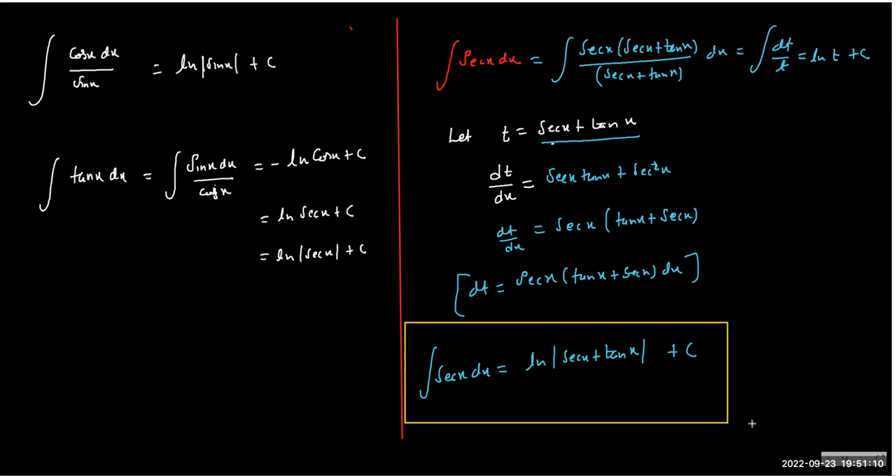So sec x dx is ln sec x plus tan x, and there is a very similar relationship for the cosec also, but that I want you to derive. It's the same process. Can you think about what we should write to get the cosec x dx integration? Because that is the last trigonometric formula that we need to know. The rest we have done.